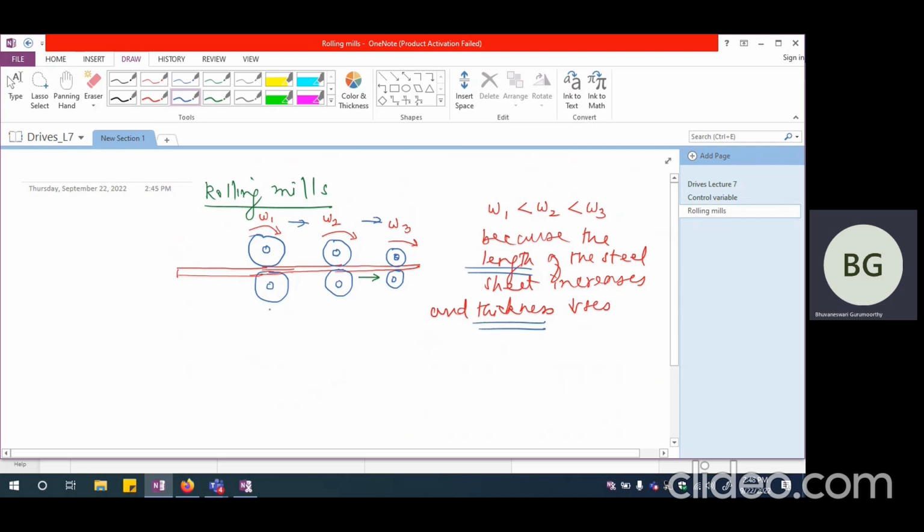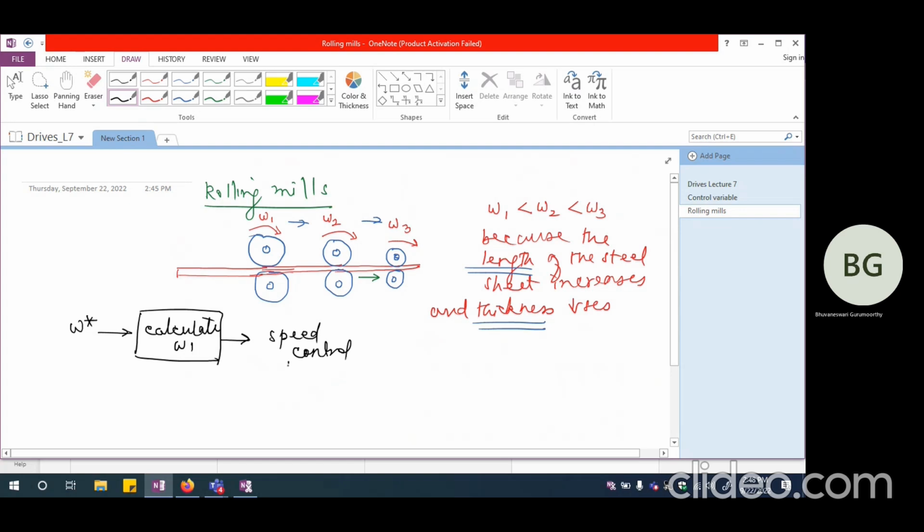Okay. So I might have to set a particular value of reference speed, and based on that, we have to make a calculation. So calculate omega 1. And once we calculate omega 1, this may go through a speed control loop for roller 1.